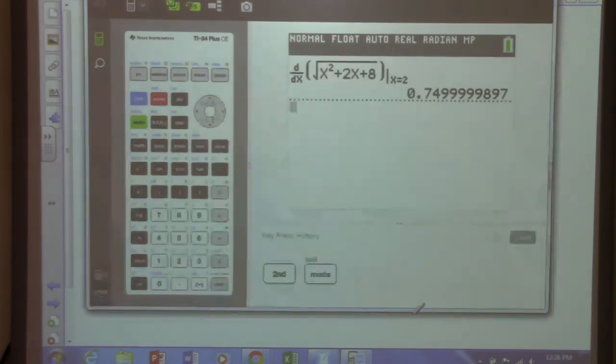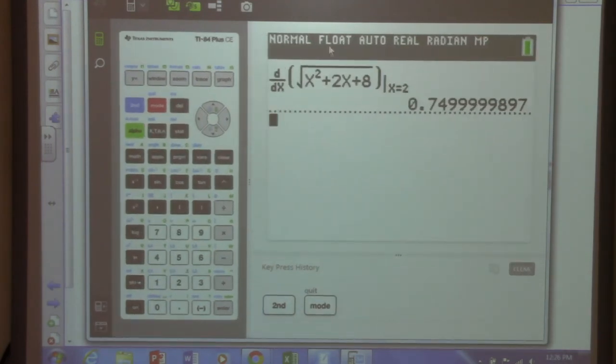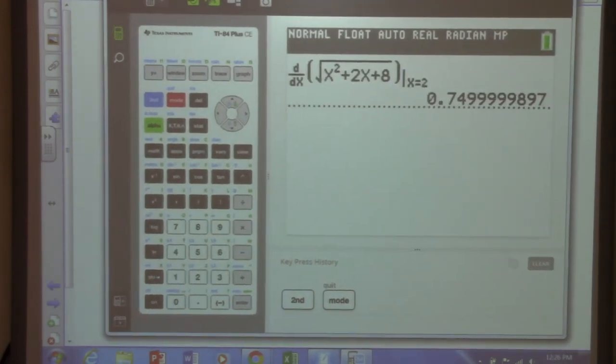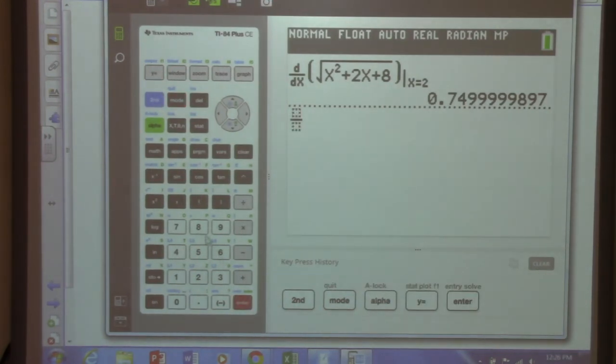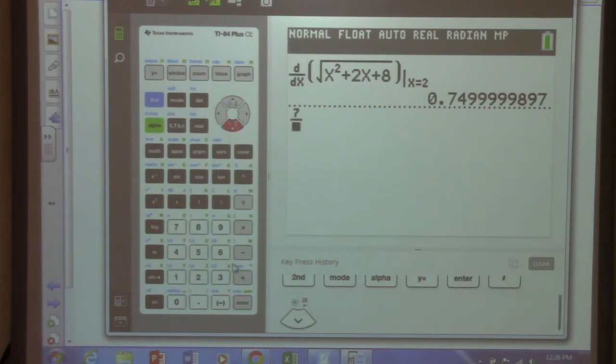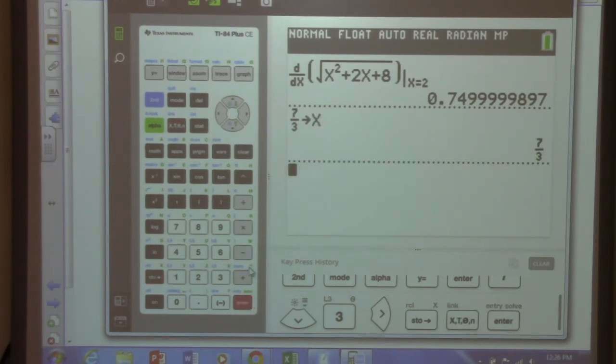There we go. So I'm going to put 7/3, store it in x, and then you just type in the function here. There's a store key right here, and then x, and then enter.